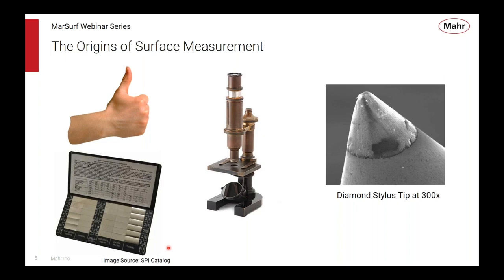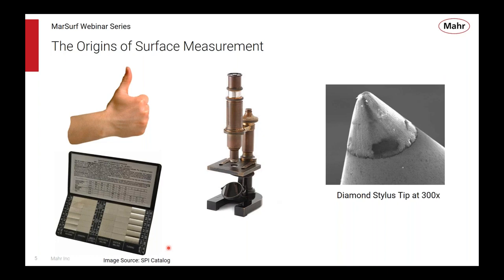And it became a little bit more scientific, but still a bit of a judgment call as you looked at a surface to say, well, I see kind of a turning pattern on the surface and the peaks look to be spaced out about this much. You didn't necessarily have a great idea of the depth of the grooves, but you could sort of see something on the surface, maybe a little bit better than you could feel with your thumbnail. And that became kind of typical.